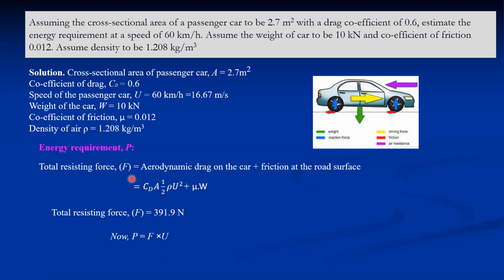And the power is nothing but force into velocity. Now by putting the values of force and velocity, you can calculate power. So you can imagine how much power is consumed for this passenger car. It is comparatively maybe an SUV vehicle, because the weight of a car is generally around 150 kg, so 1000 Newton.